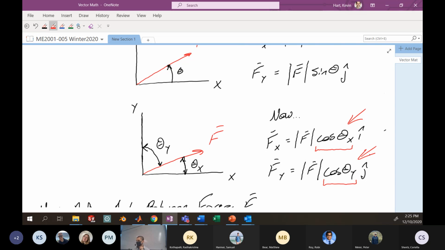So if you know the angle between the force and the axis in 3 dimensions, then this idea also will still hold. Okay, so let's put that actually into words here.